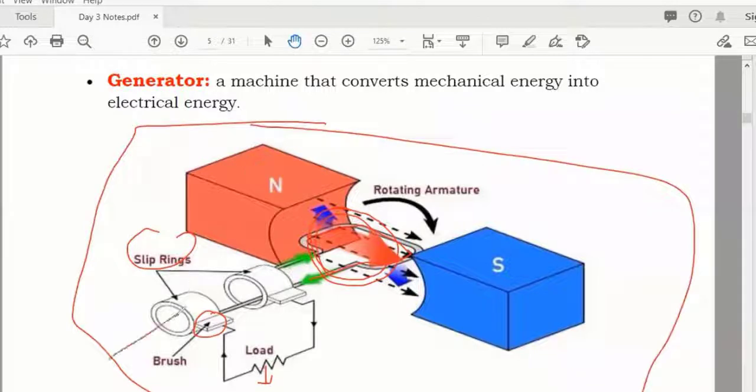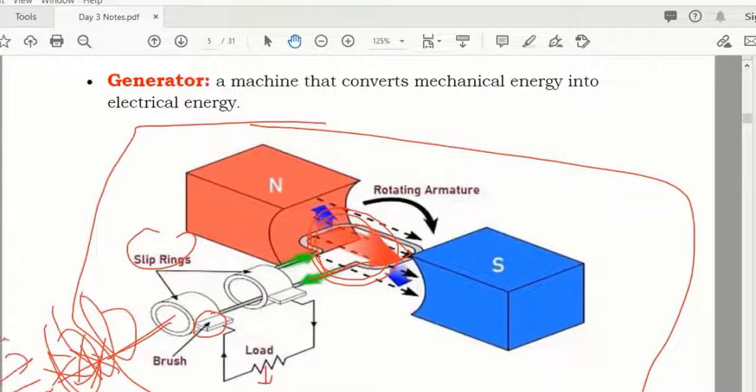If you fit this coil with a turbine, when steam comes, the turbine moves, the coil starts to move, and electricity is produced. Here I can use steam, wind, or water to move the turbine, and the turbine will move the generator and electricity is produced.